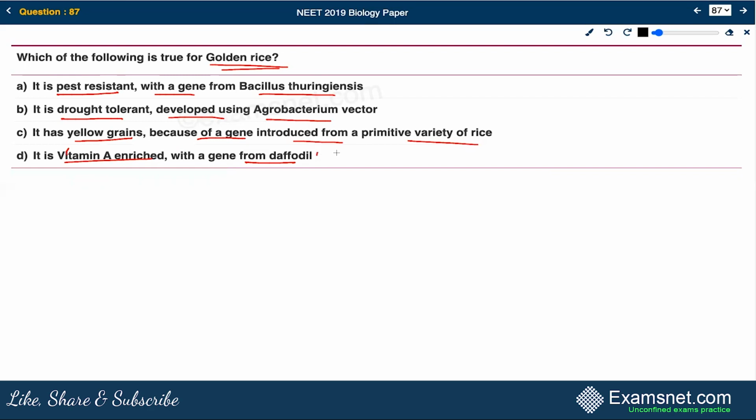That means this one is vitamin A enriched, and that too with a gene it is having from the daffodil, and it is also rich in carotene as well. All right.